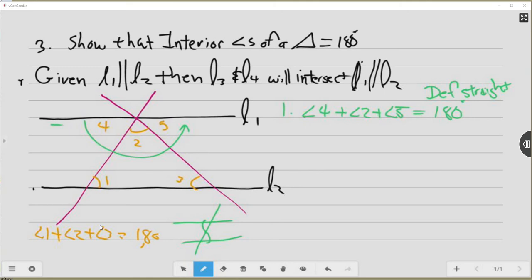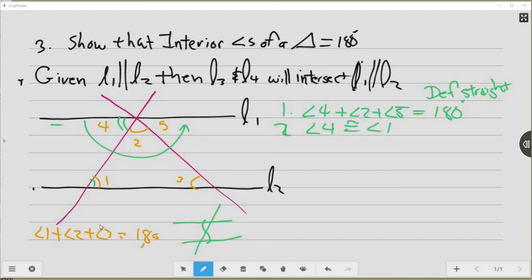Because I'm going to call angle 4, I'm going to say that it's congruent, right? So I'm going to say that angle 4 is congruent to angle 1. Why?